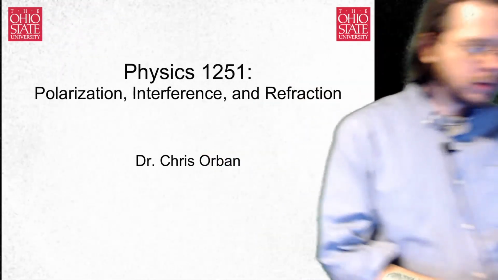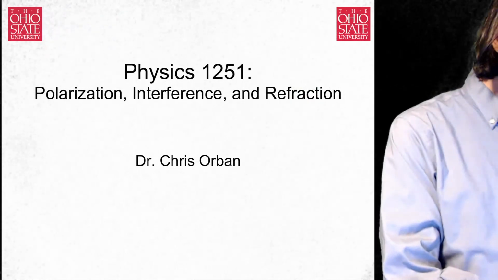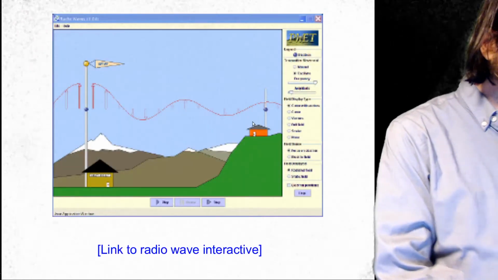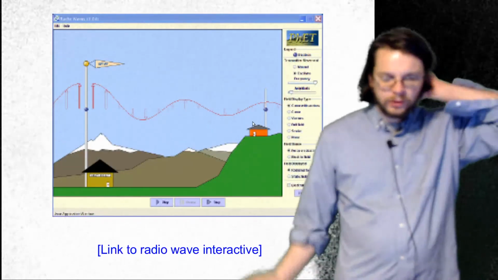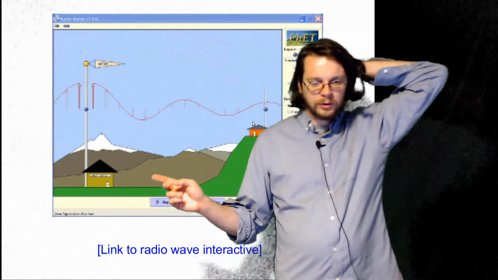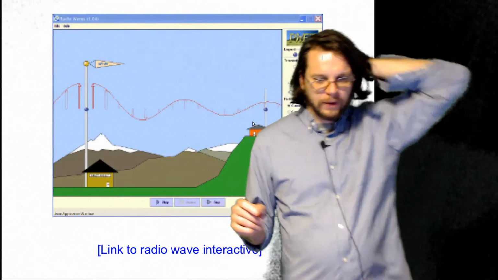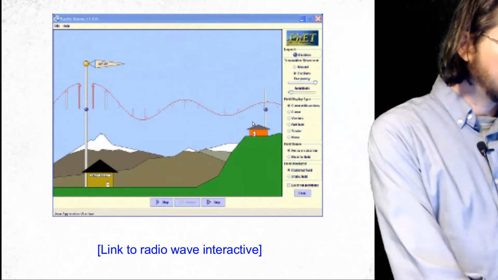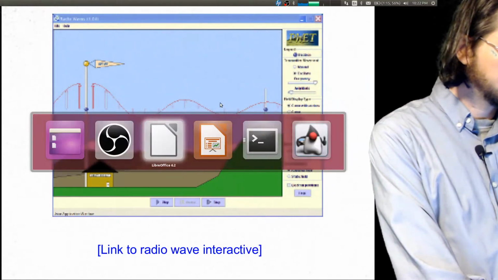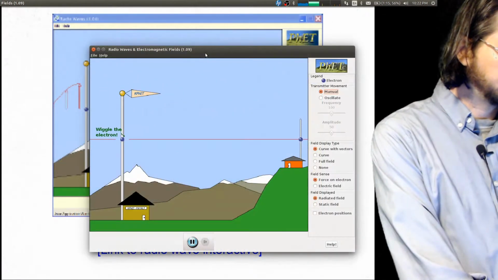The first thing is this interactive, which is from the University of Colorado, which is why it looks like it's from South Park. So let me go ahead and share the visuals from that demo. Here we go.